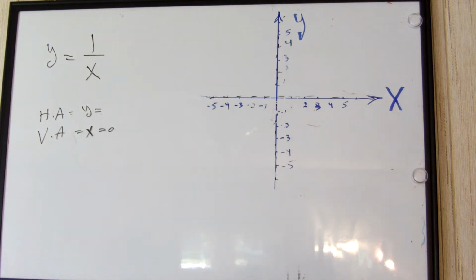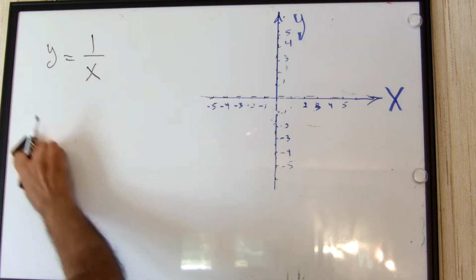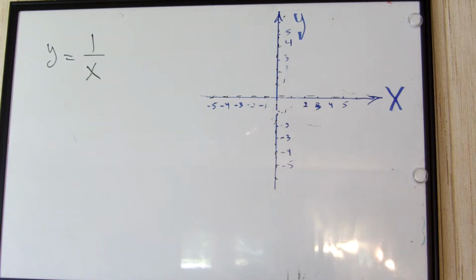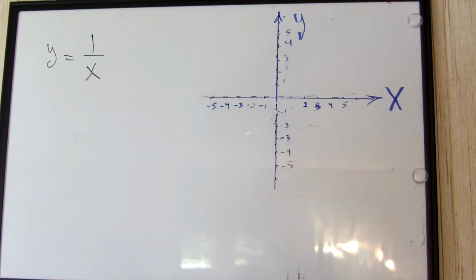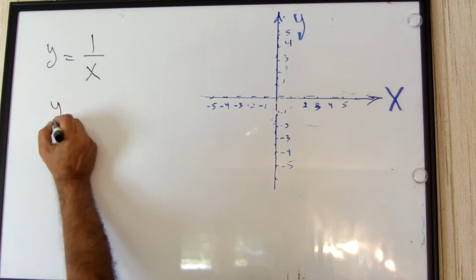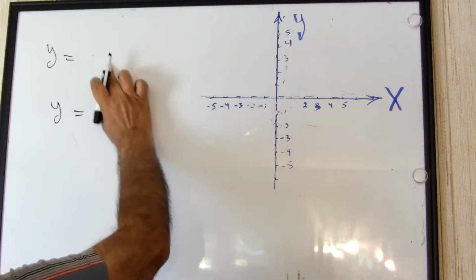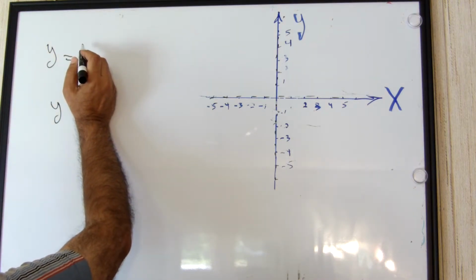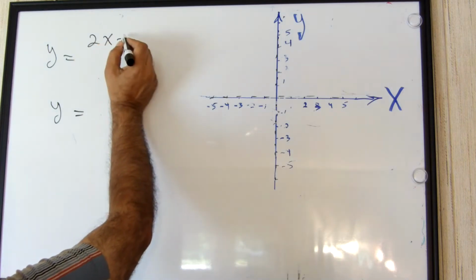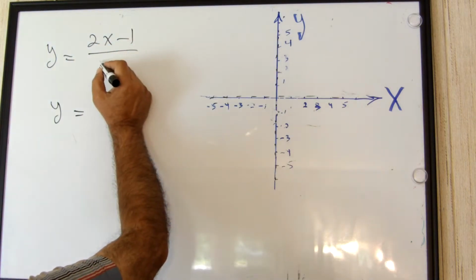Let's talk about some examples. For example, y is equal to (2x minus 1) over (x plus 1).